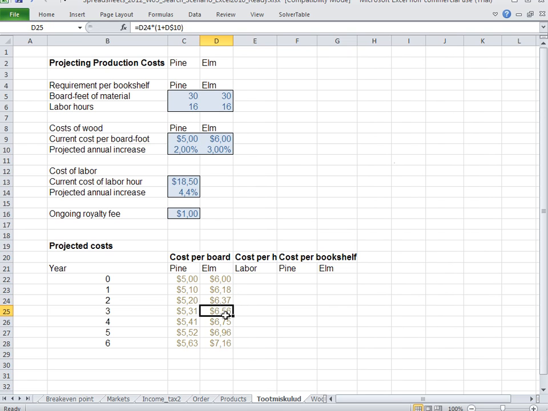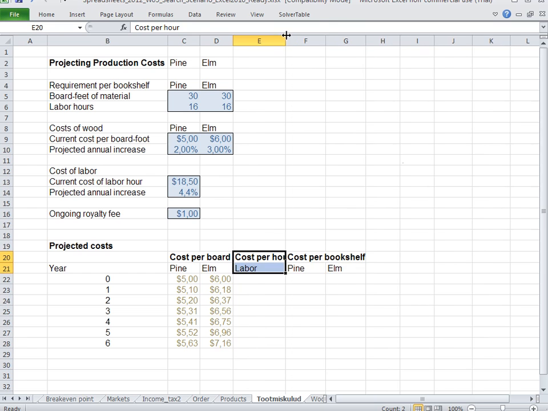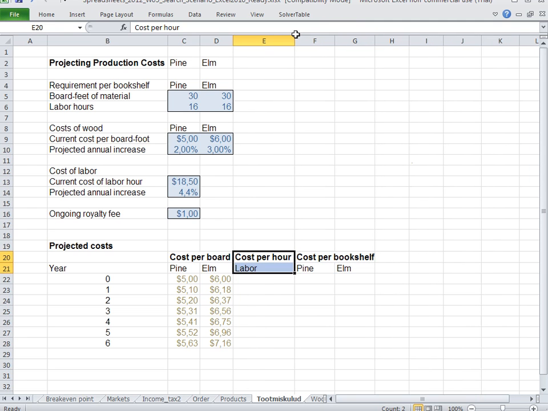Okay, now let's take the next one, labor costs. It turns out that we have to calculate the cost for 1 hour of labor for all the 7 years as well. It goes pretty much following the same pattern.